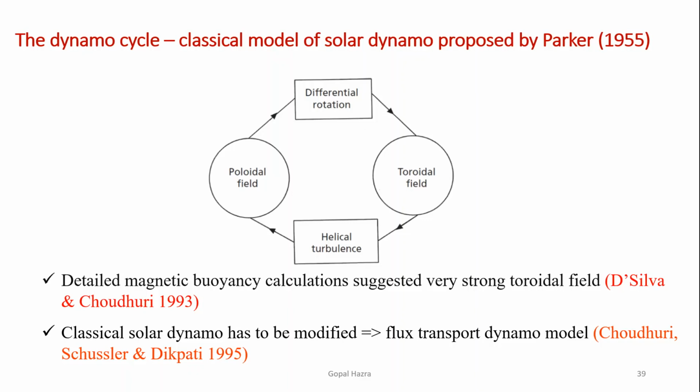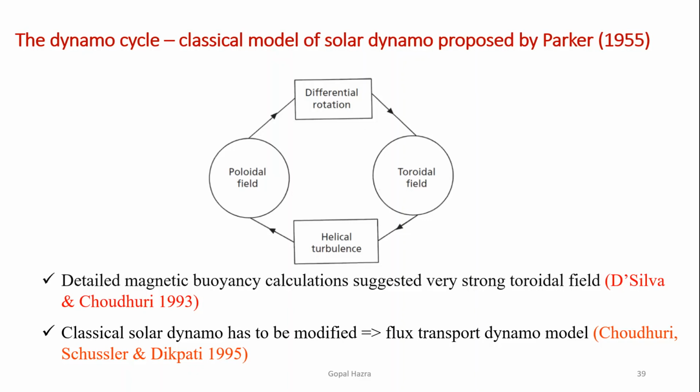To do that, you need a weak magnetic field, not very strong. Because if your magnetic field strength and flux tube strength is very strong, then the velocity field cannot induct. But when this model was constructed, we didn't know what the strength of the magnetic field in this region was.